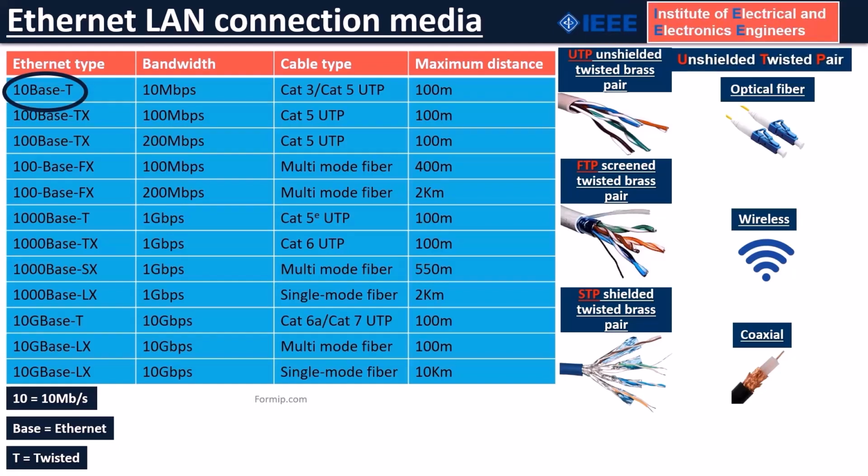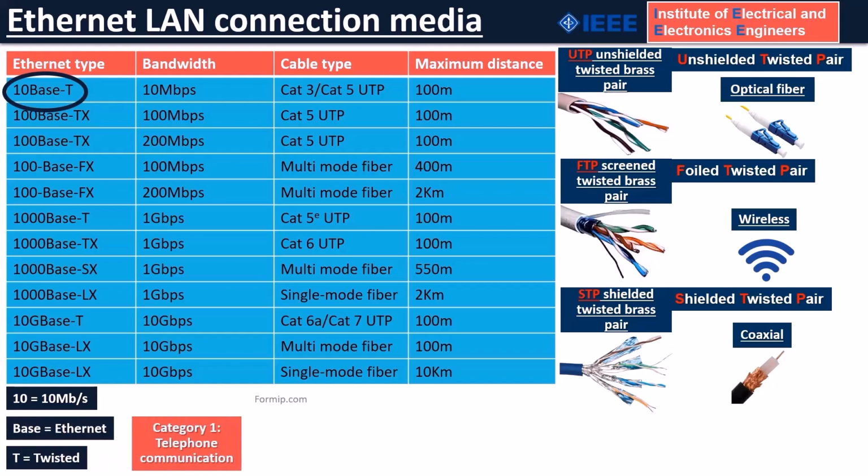UTP, unshielded twisted pair, is a cable without any armor, shielding surrounding it. In an FTP, foiled twisted pair cable, all 4 pairs are surrounded by aluminum foil. And in shielded twisted pair, the armor surrounds each pair of wires, and the whole cable is also surrounded by protection.